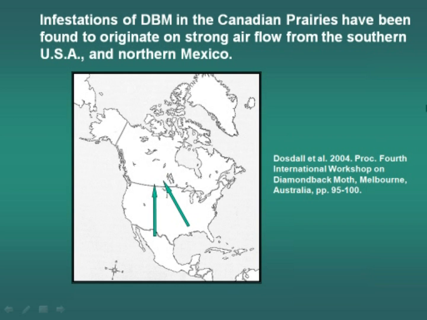They arise from airflow from the south. We've been able to show through circumstantial evidence that most of our populations are arising from infestations in southern North America when strong airflow carries moths, which are tiny and easily transported by air currents, northward. Also from Mexico, it seems that California can also be a source of airflow north.